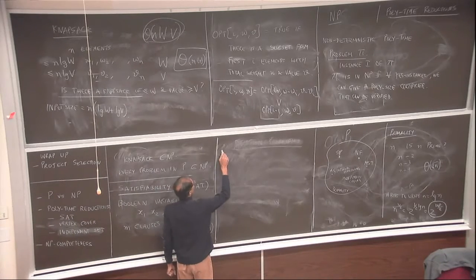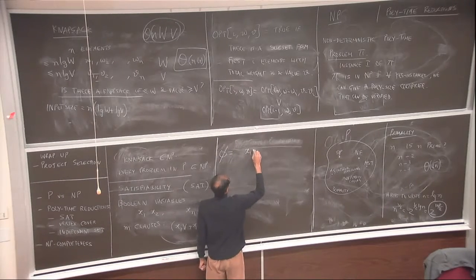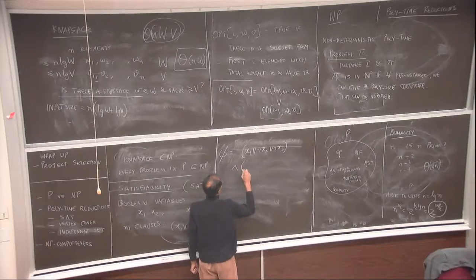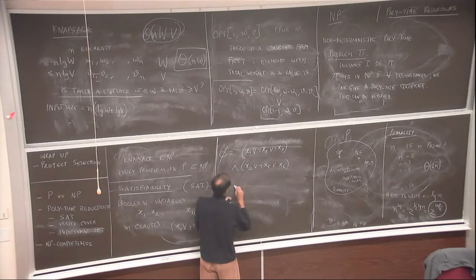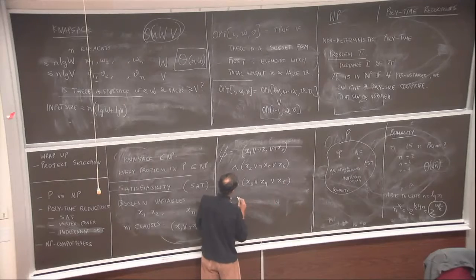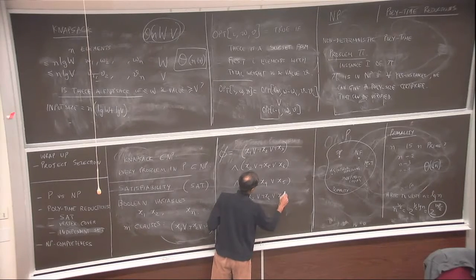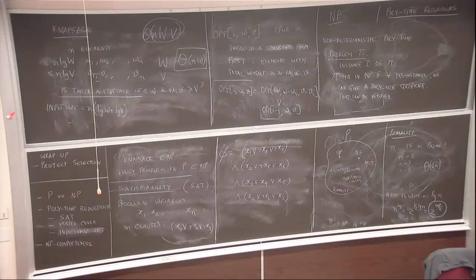So an example of a formula is an AND of clauses. So that's an example of a formula. Okay, it has 4 clauses and it has how many variables? Maybe 6 variables? Yeah, 6 variables.